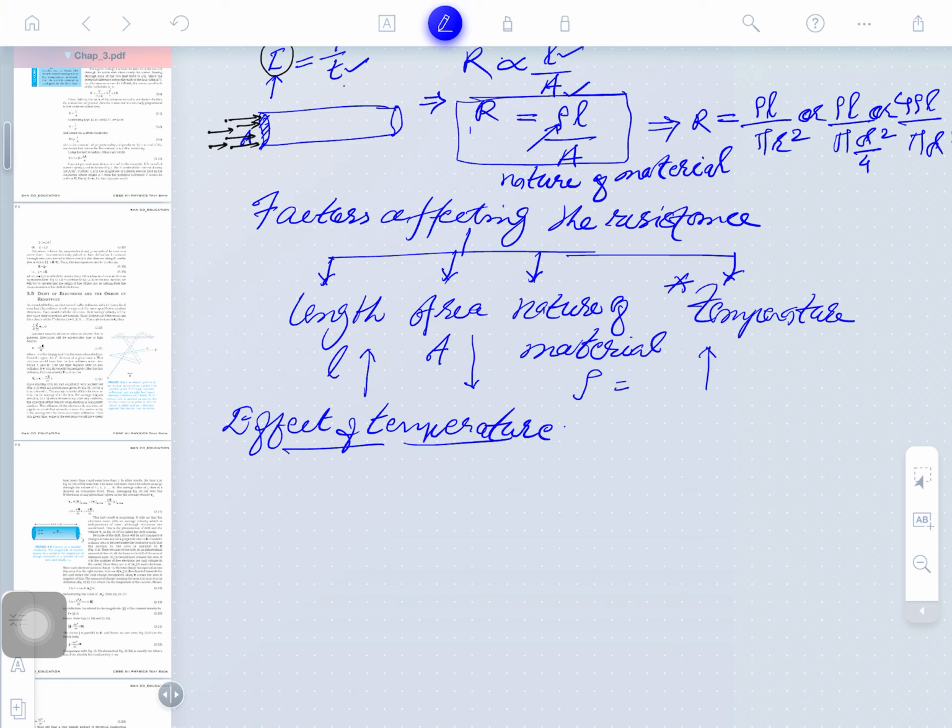Conduction band means the electrons possessing very little connectivity with the nucleus. So on applying the potential difference, the rate of collision increases, and due to the increase in the rate of collision, the resistance increases. Right now, have you written this?